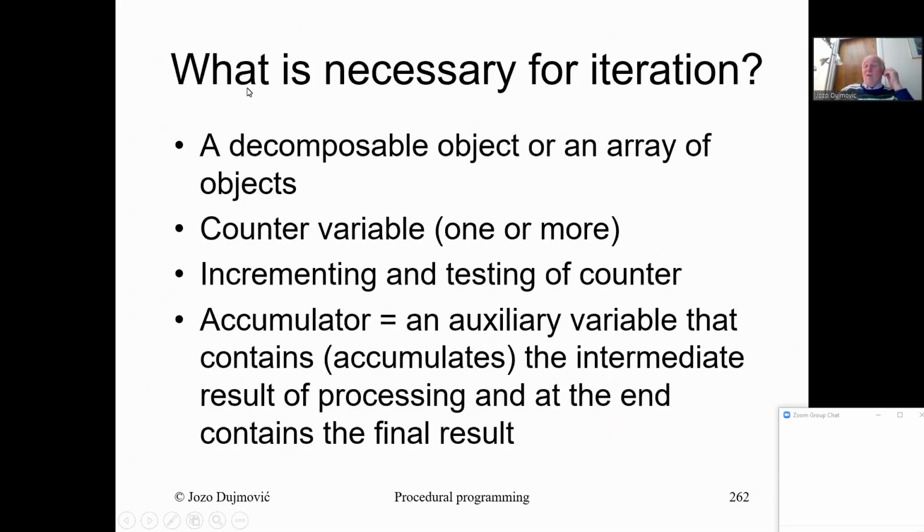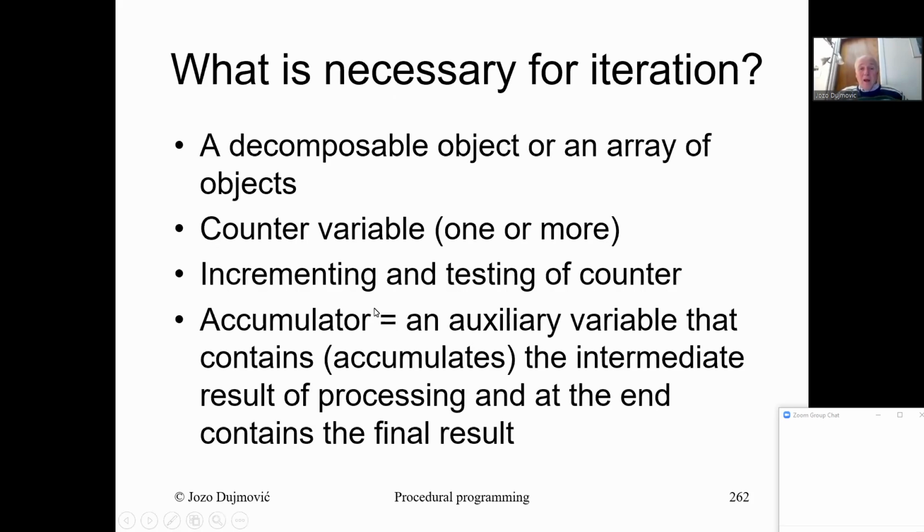Now, what is necessary for iteration if you have an iterative solution? Well, again, you need to have a decomposable object or an array of objects. That's what you have to have. Then you have to have one or more counter variables. Somebody has to count your traversal of the decomposable object.